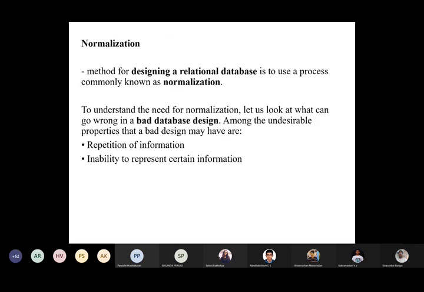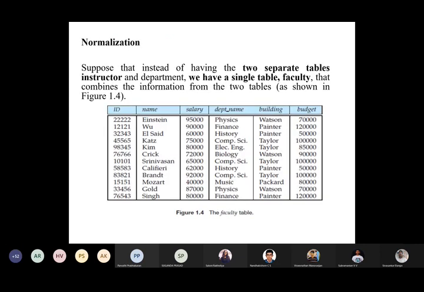So, inability to represent the information, and repetition of information is there in a relation, right? The department details are being stored in a redundant way for different instructors, right? So there is repetition of information, there is a redundancy.